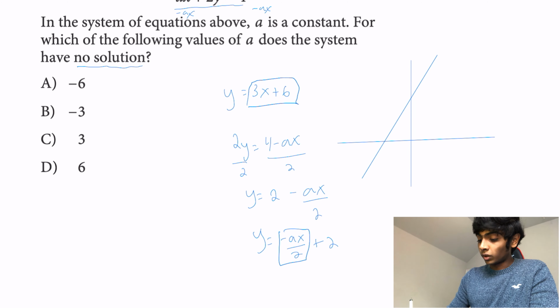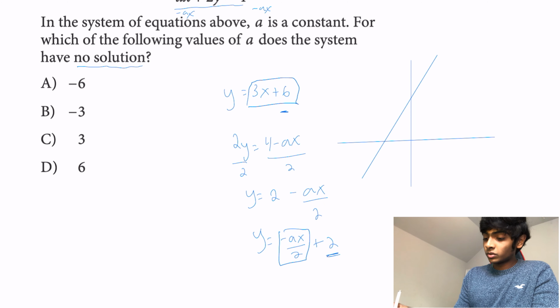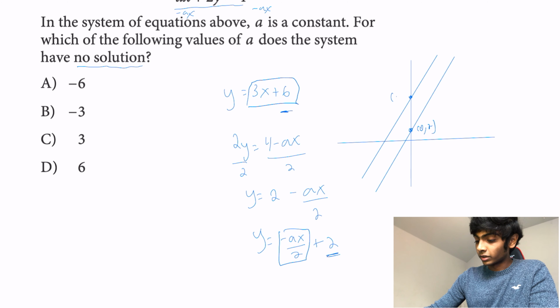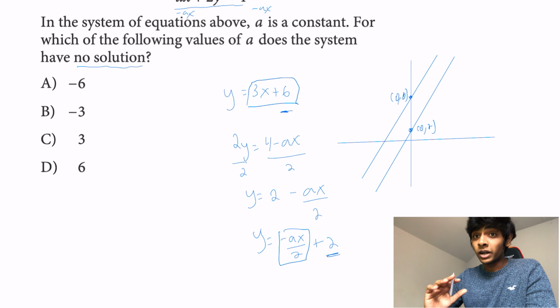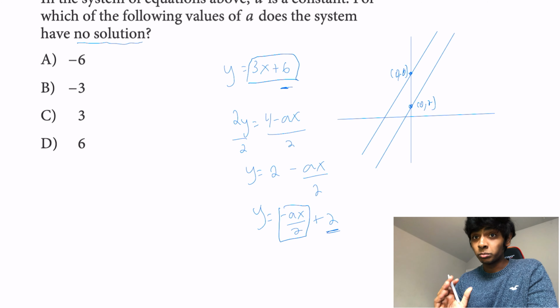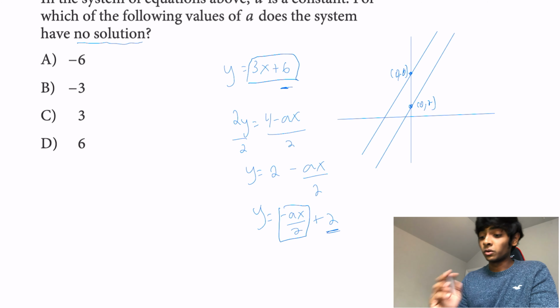And we want negative ax over 2 to equal 3x, and I'll tell you why. Because they have different y-intercepts. So this line would look something like this, where it crosses at 0, 2, and this crosses at 0, 6. Now these are known as parallel lines, and parallel lines never have a solution. So to make 2 lines parallel, they have to have the same slope but different y-intercepts.